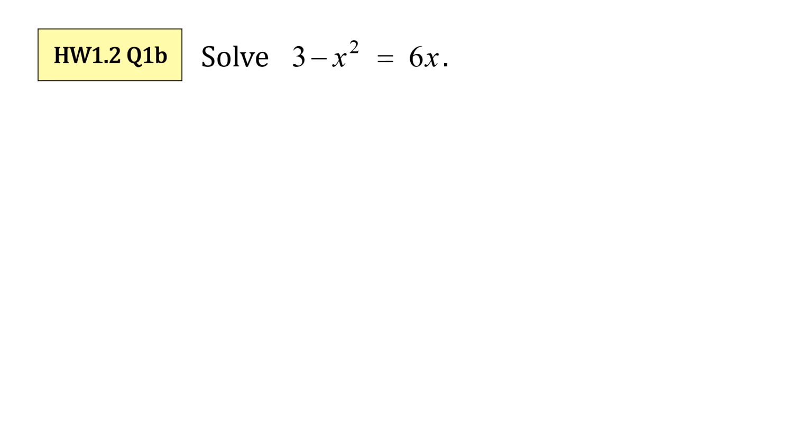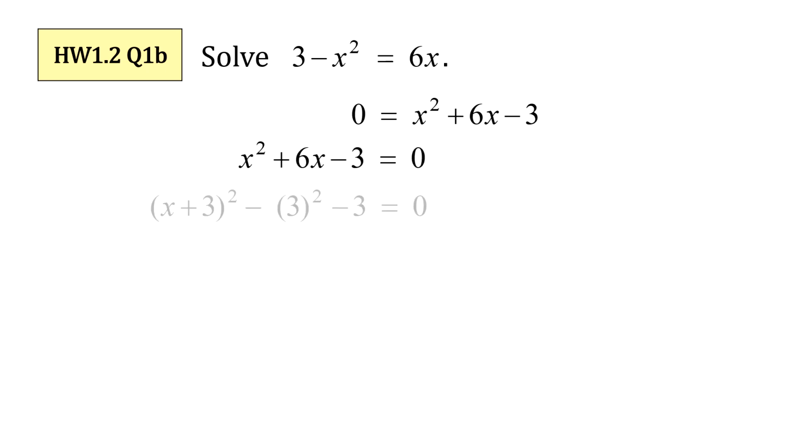Our next question comes from question 1b, also solving a quadratic equation. The first thing we need to do is to rearrange the terms so that they are all on one side and the other side is 0. Focusing on the first two terms, x squared plus 6x, I write it as the difference of two squares.